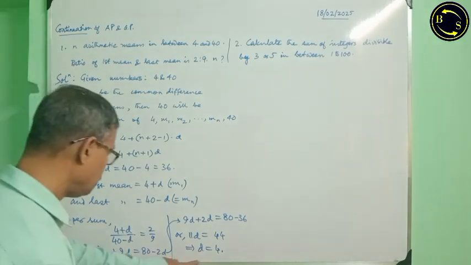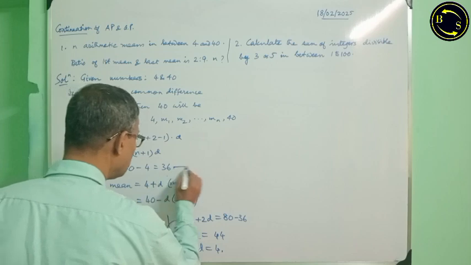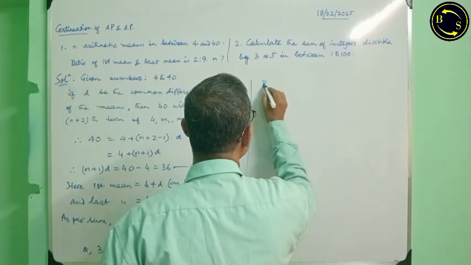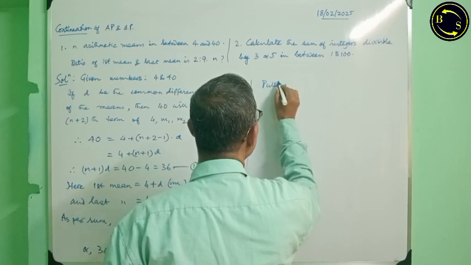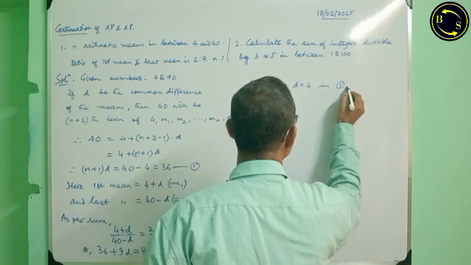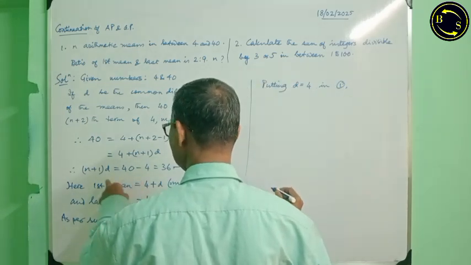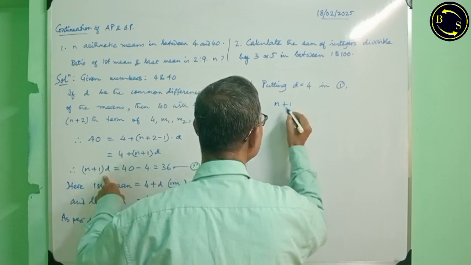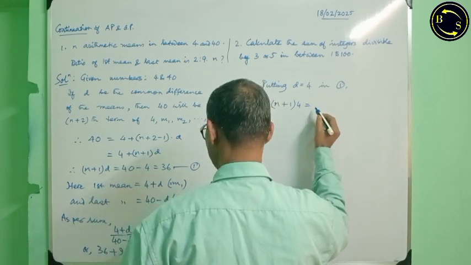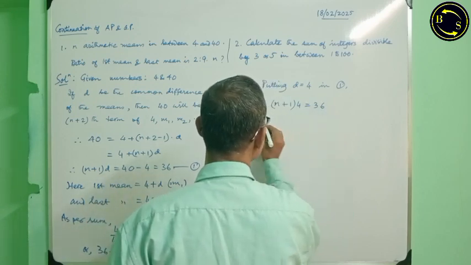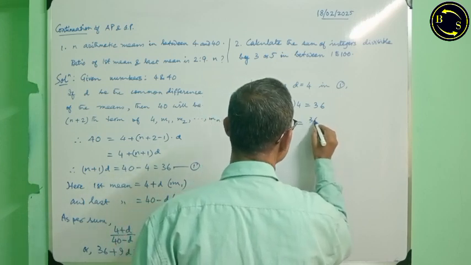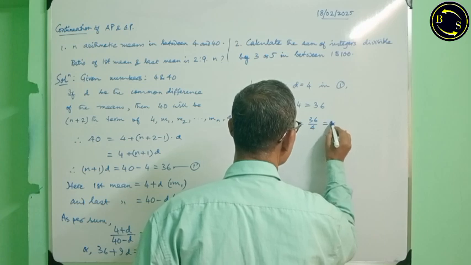Now we put this value here. Let me call this 1. Putting d equal to 4 in 1, n plus 1 whole into 4 is equal to 36. Therefore, n plus 1 equal to 36 by 4, 9.